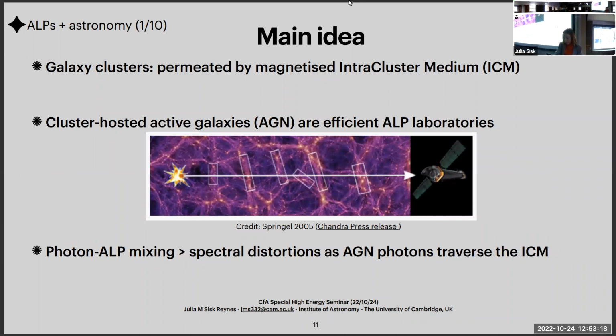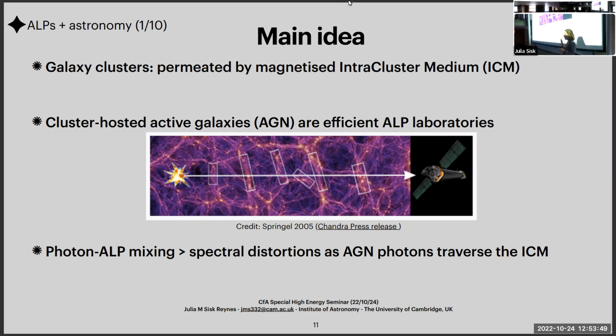Galaxy clusters are permeated by the intracluster medium, which is hot gas in hydrostatic equilibrium with the dark matter potential wells that dominate the mass distribution of these clusters. And the ICM is magnetized, and we have evidence of this from Faraday rotation measure observations and synchrotron observations taken in the radio band.